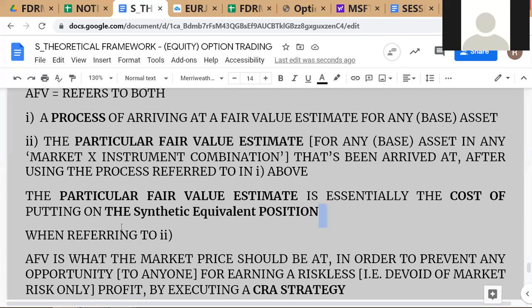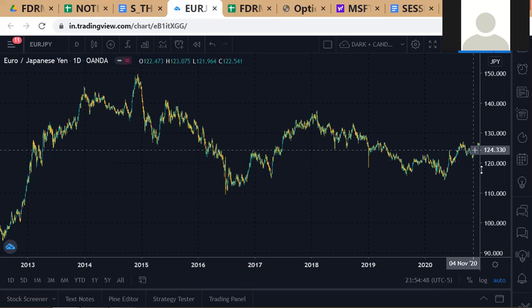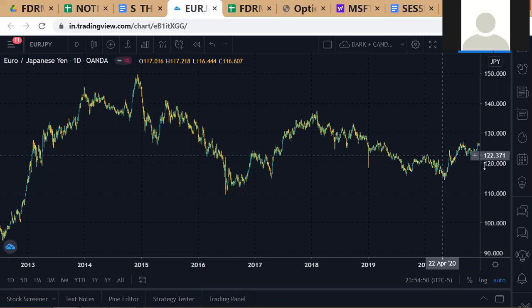Okay, so therefore, just to repeat the long discussion, just to make sure you understand how the words AFV are used. So here we say AFV, the second sense, if using synthetic equivalents, we can create a euro-yen long position at a cost of 120, and we observe that the market price is 128.